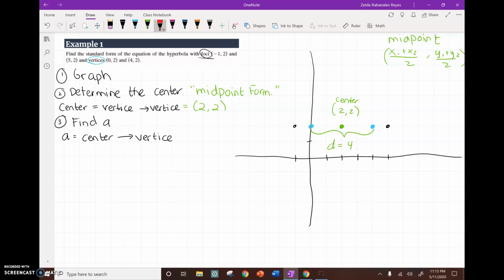So my distance from the center to a vertice is A. A is equal to 2 in that case. So A is equal to 2. And I can put distance here, distance here.